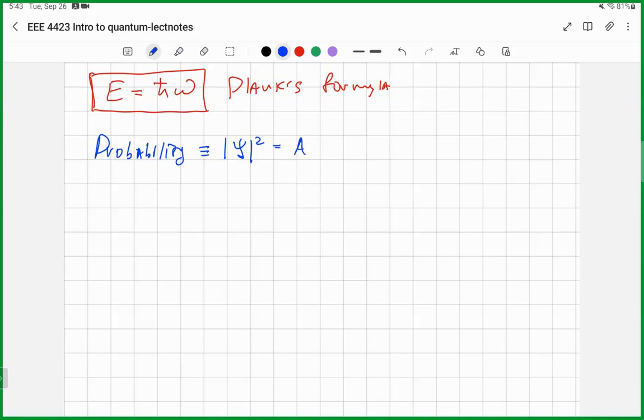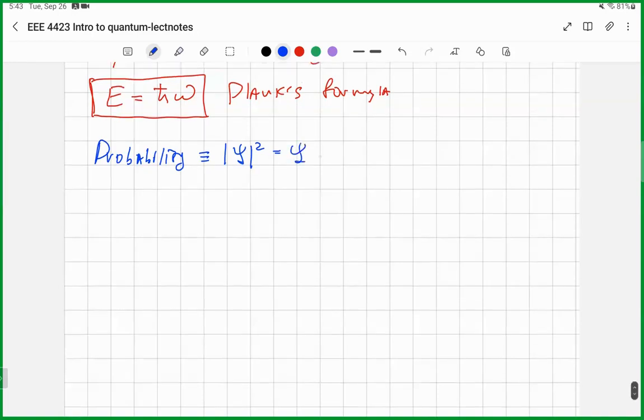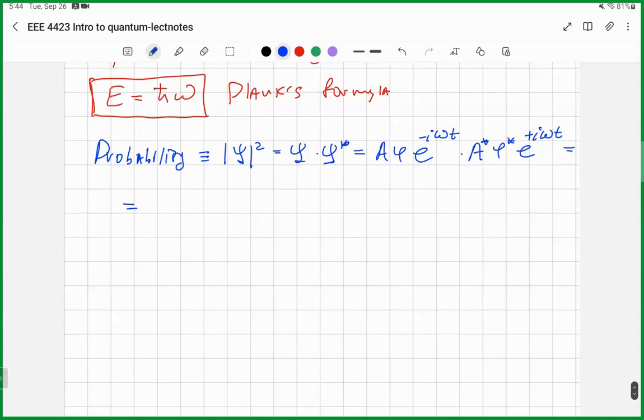And in general it's psi times psi complex conjugated, and in our case it is phi e to the power of minus i omega t times complex conjugate phi e to the power of plus i omega t, right? So plus omega t and minus omega t cancel out, and we get phi modulus squared.